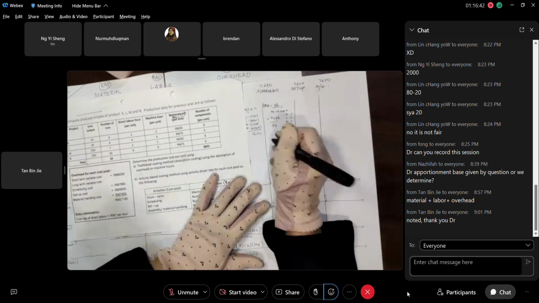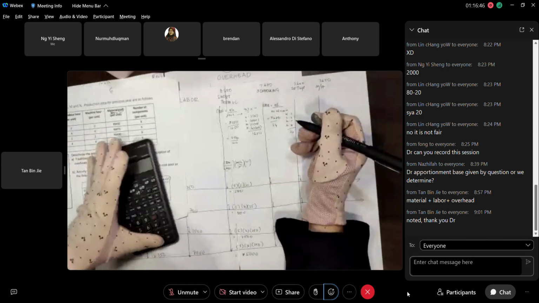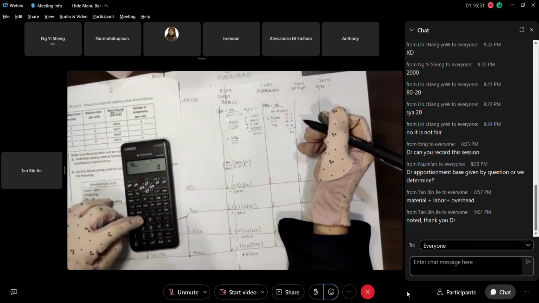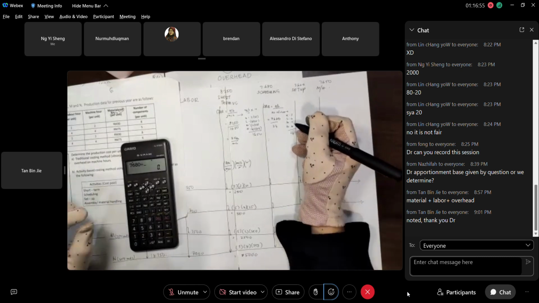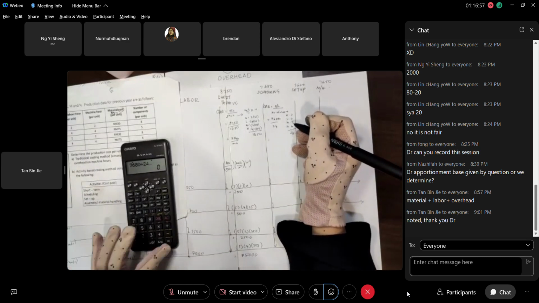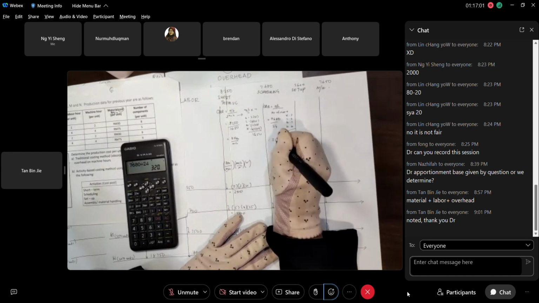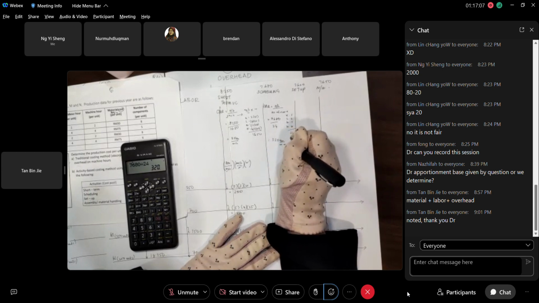You will get 320. Okay, you will get 320. What is it? RM per number of runs.